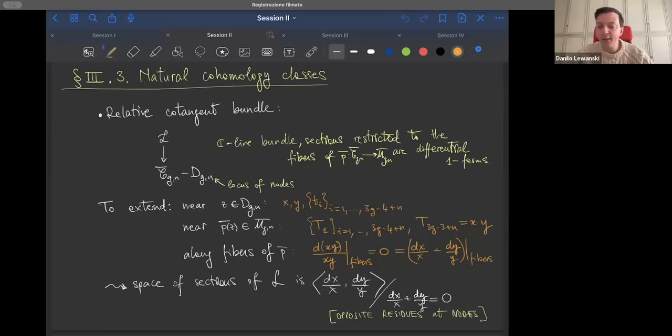So now you get the condition that you just need simple poles at the nodes, and moreover that the residues should be one the opposite of the other. So the space of sections of L is generated by these two meromorphic one-forms, just dx over x and dy over y. But now you need to add the condition that dx over x plus dy over y is 0. And that means that you can allow yourself simple poles at the nodes, but the residues should be opposite.